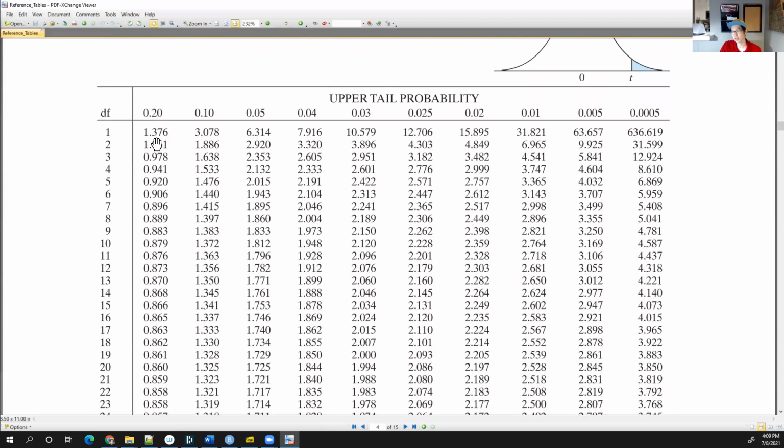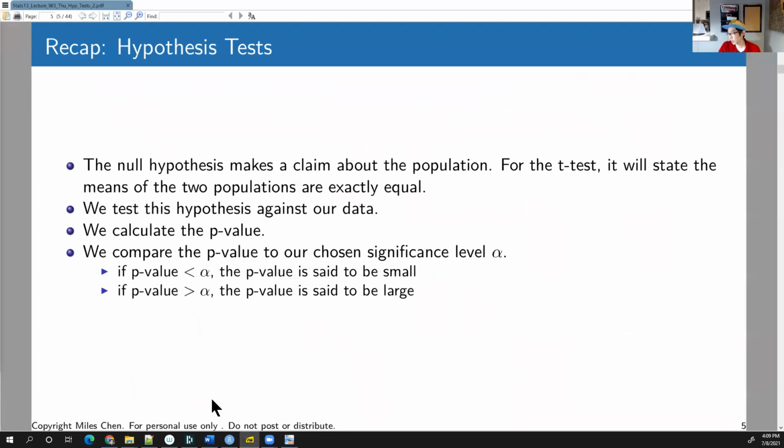So you would have a limit on one side: we know it has to be greater than 20%, or we know it has to be less than 0.005. You can also use R as a calculator to get a slightly more precise value, but that's fine.